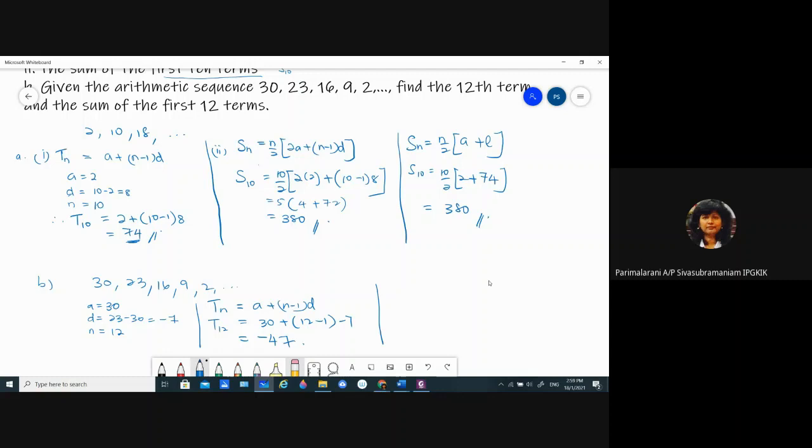Which formula do we want to use? The second one, because it's shorter. So this will be S12. S12 will be 12 over 2 into a, which is 30, plus negative 47. So how much is this?